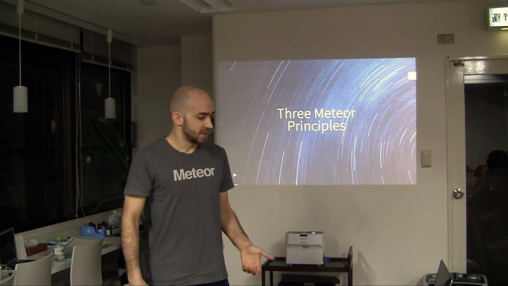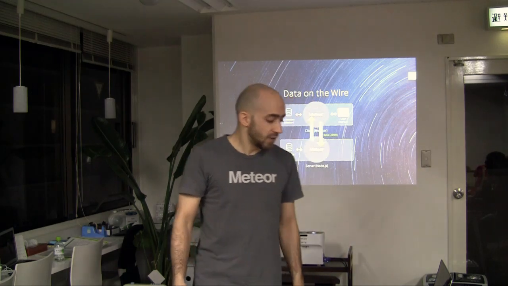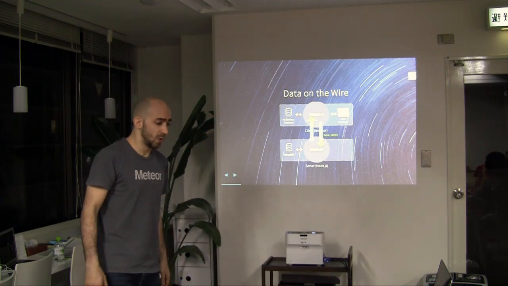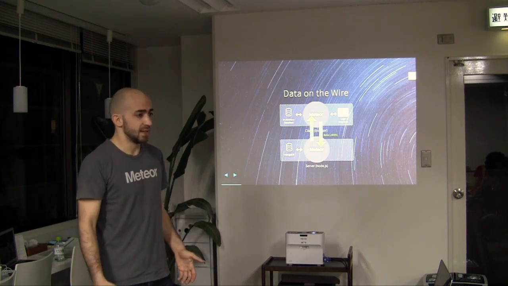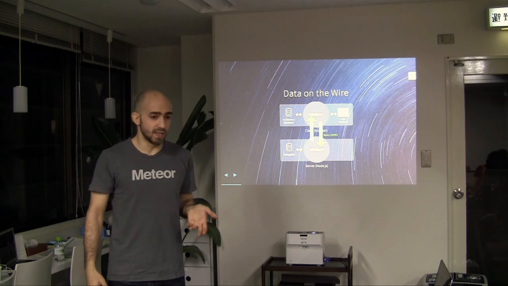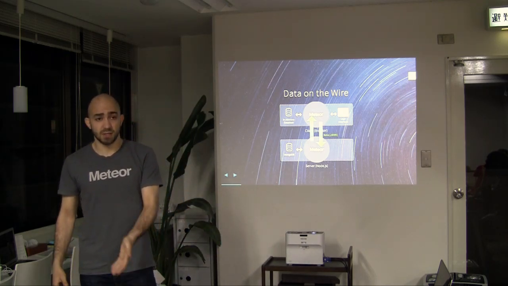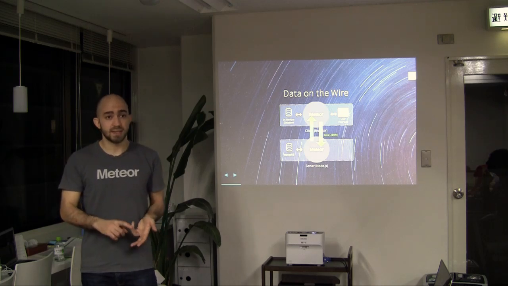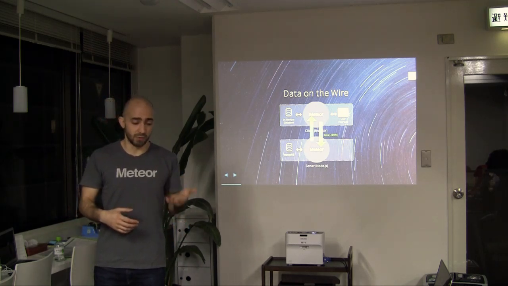There are three important Meteor principles that I want to talk about that make the framework special. The first one is what the Meteor guys call data on the wire. What that means is, for a typical Ruby on Rails app, for example, on each request, the server will send over HTML, CSS, JavaScript, basically sending the templates over and over.